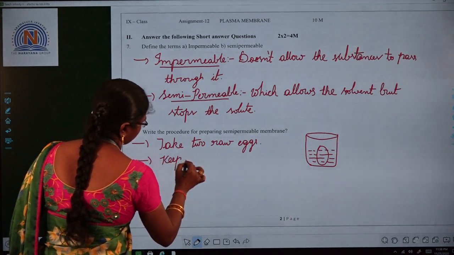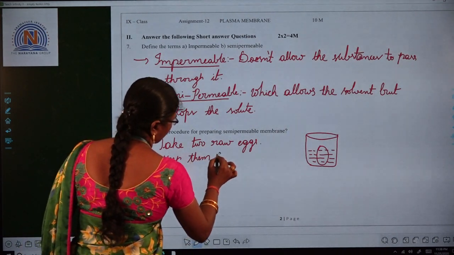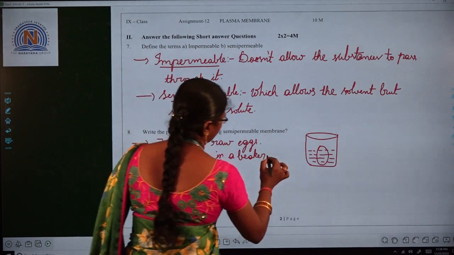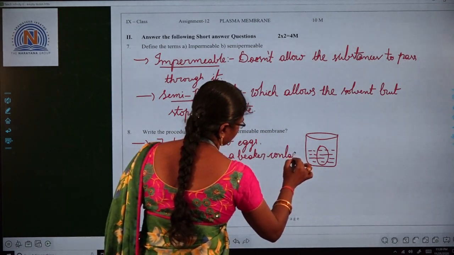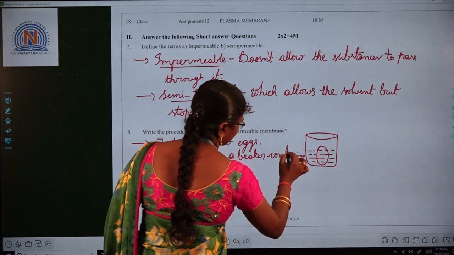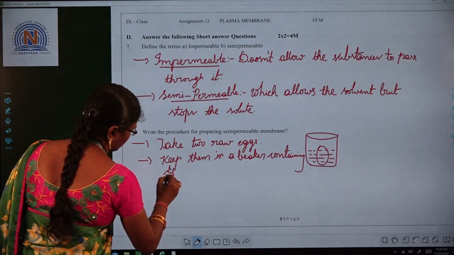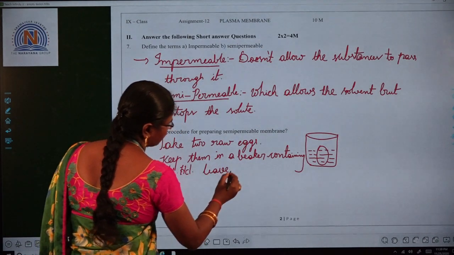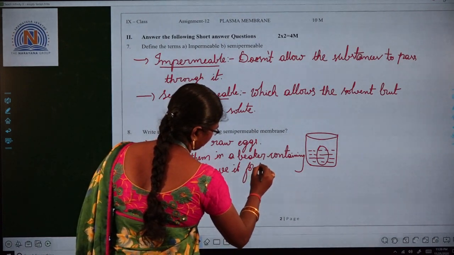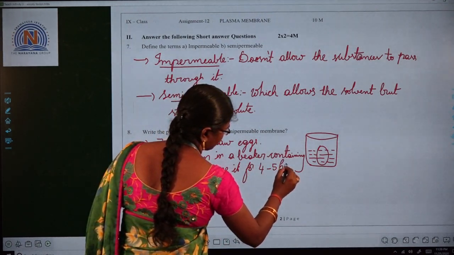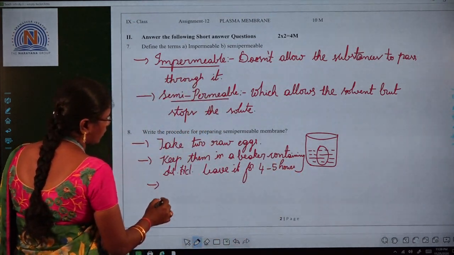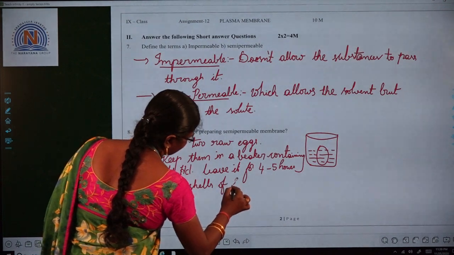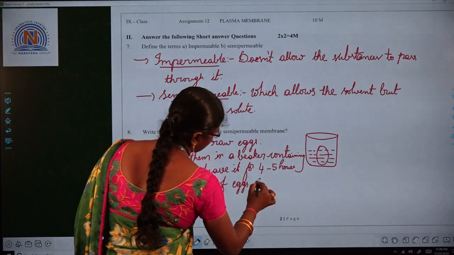Keep them in a beaker containing dilute hydrochloric acid, HCl, and leave it for 4 to 5 hours. The shells will be dissolved.